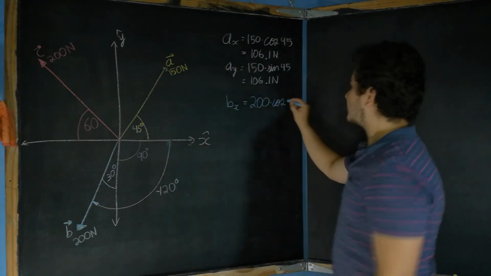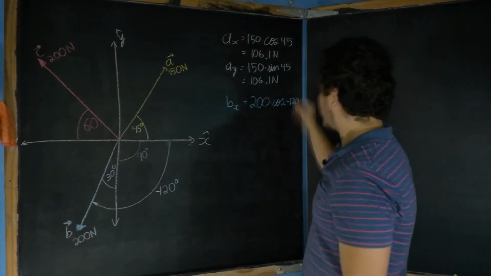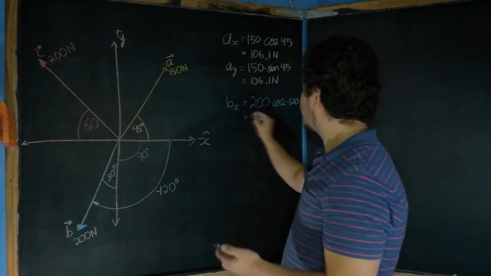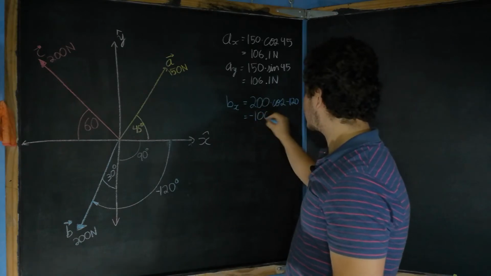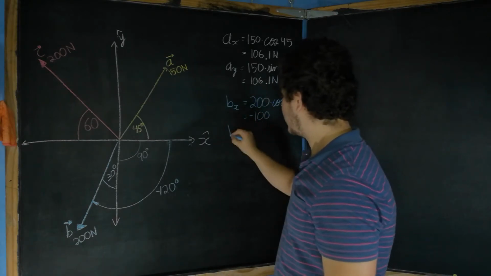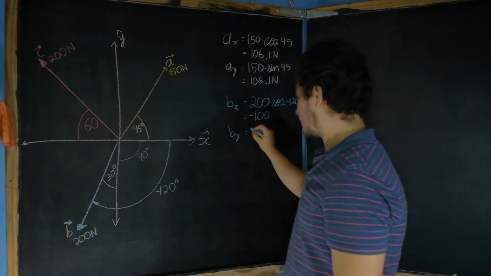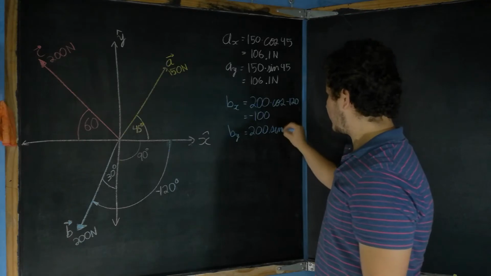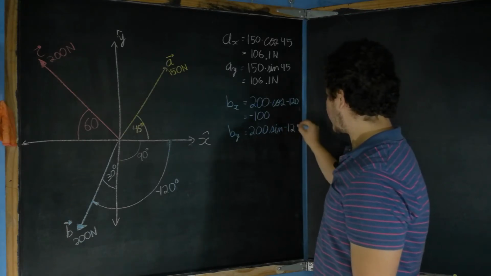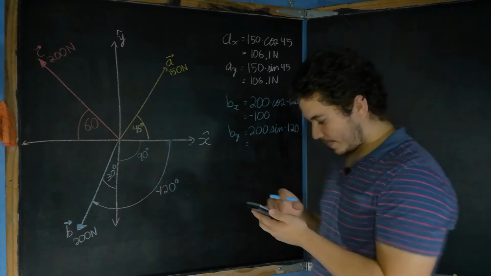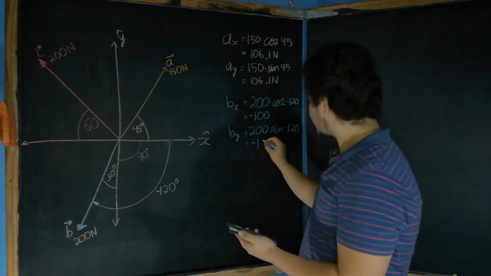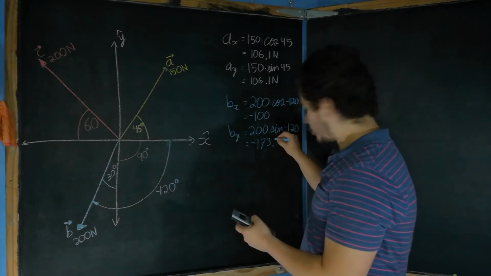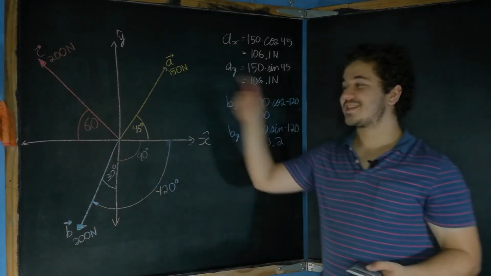If we substitute minus 120 degrees and we calculate it, we have minus 100 in x, and the y component will be calculated the same as last time with sine of minus 120. And it's equal to minus 173.2. Now we do the same for the c vector.